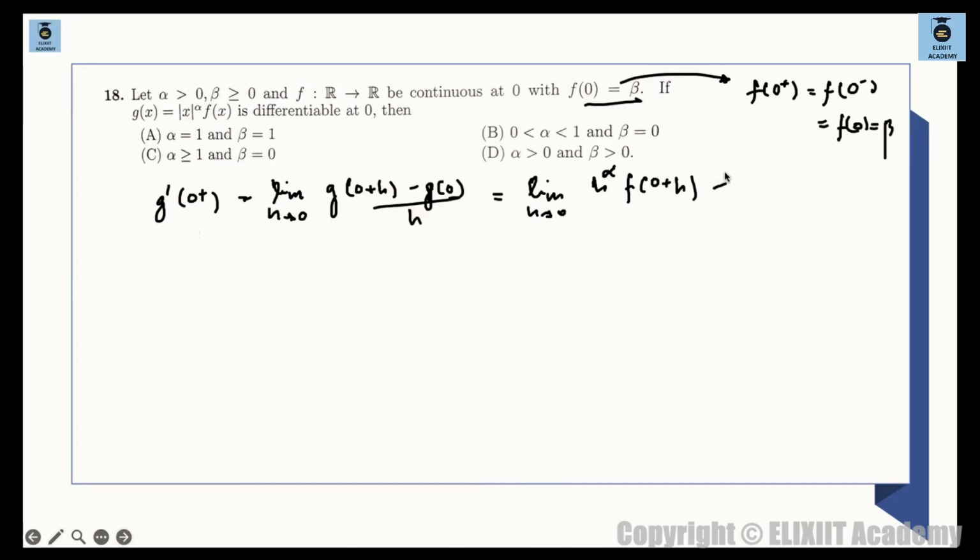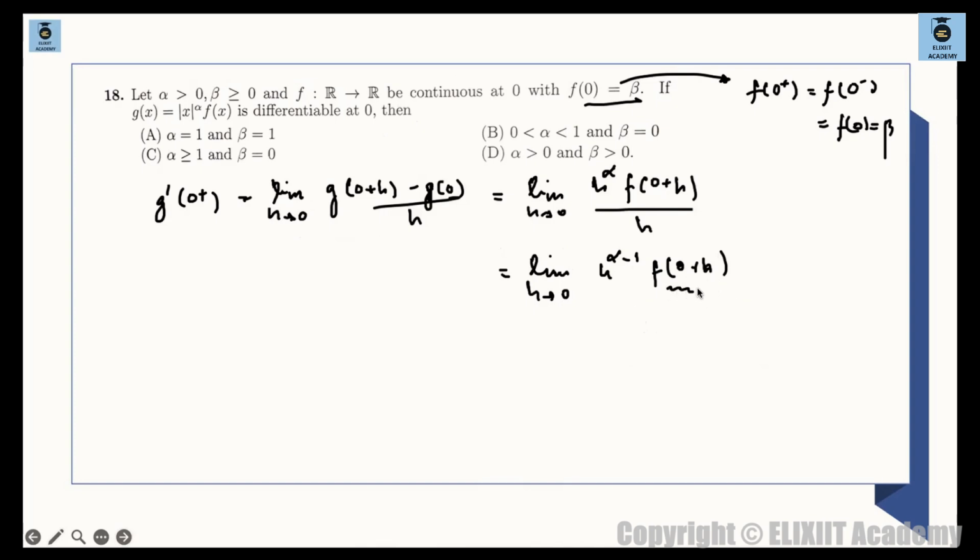Minus g of 0. So minus g of 0 means 0, since g of 0 will be 0 only. So this will be 0, and divided by h. This will get simplified to limit h tends to 0, h raised to the power of alpha minus 1 into f of 0 plus h. This will get simplified into this form. Okay.